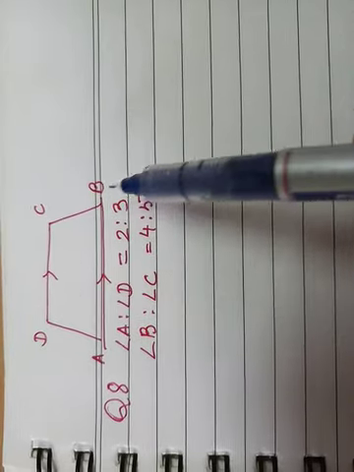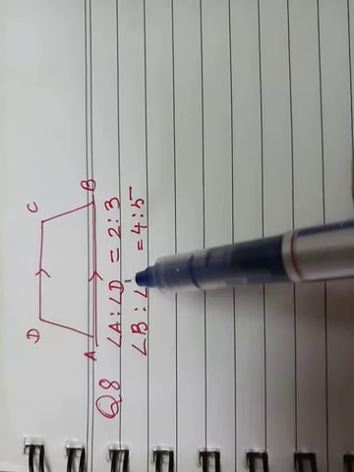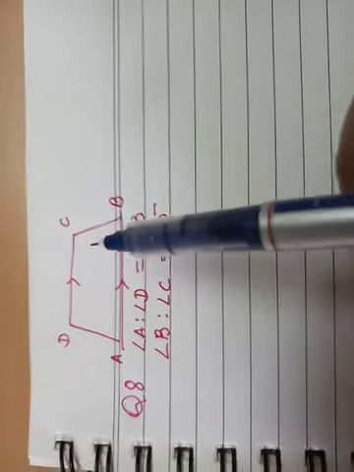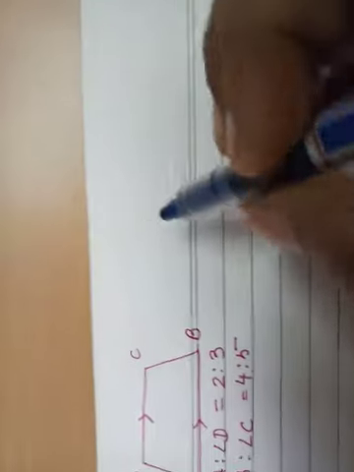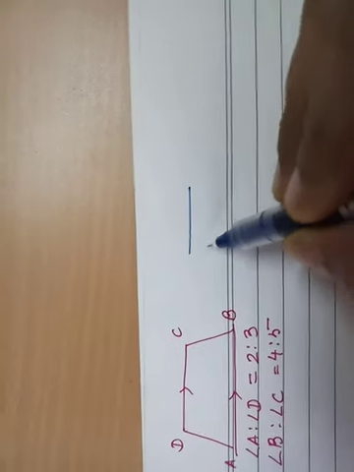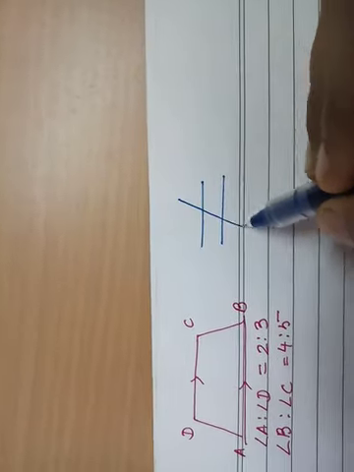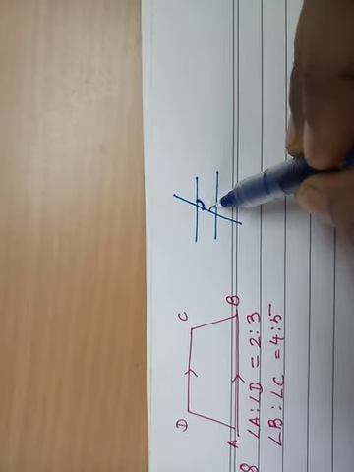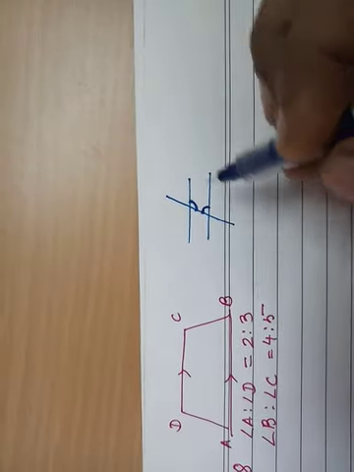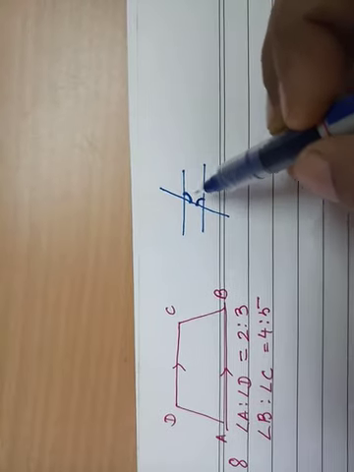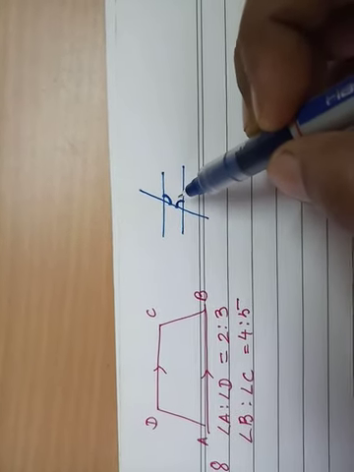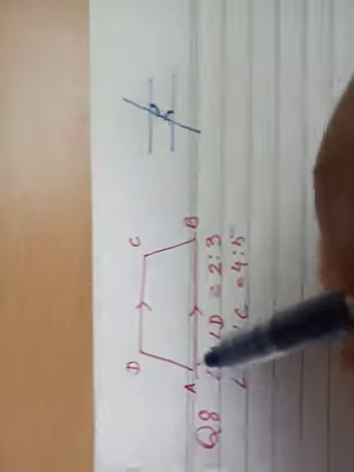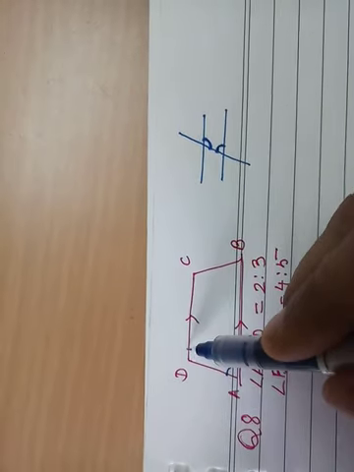So ABCD is a trapezium. The ratio of angles A and D is given, and the ratio of angles B and C is given. The moment these two lines are parallel, we need to remember the properties of parallel lines, children. These two angles are co-interior angles, and we remember the sum of co-interior angles or allied angles is 180 degrees.